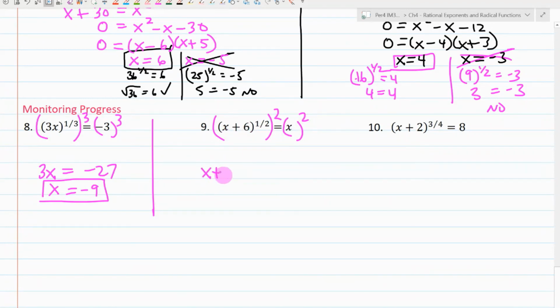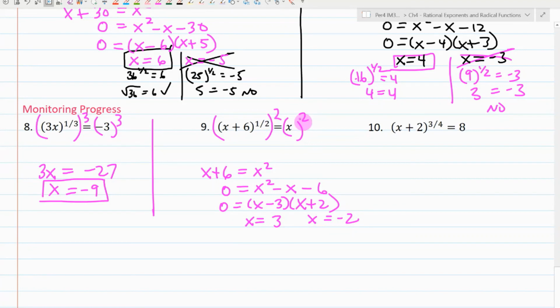Okay, so when the exponent that you're raising is even, you should check both answers. So I'm going to get x plus 6 is equal to x squared. You have to set it equal to 0 anytime you have an x squared. Okay, so x minus 3, x plus 2, x equals 3, x equals -2. And again, if you plug those numbers in, if I plug in a 3 here and a 3 here, then I get 9 to the 1/2 equals 3.